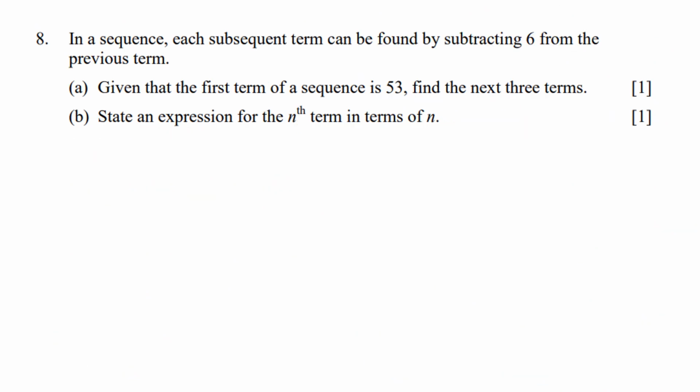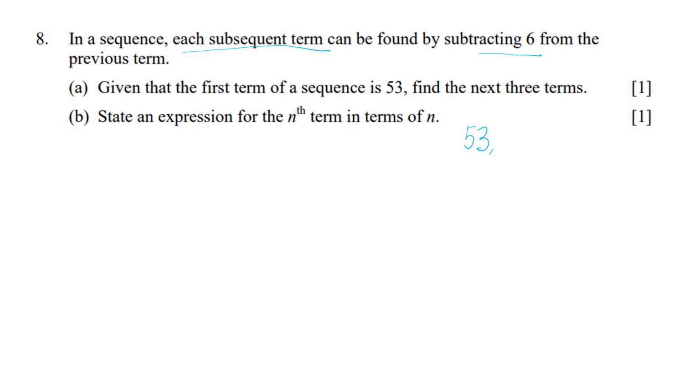All right, let's look at the next questions. So the next questions, we are told that in a sequence, each subsequent term can be found by subtracting 6 from the previous term. Right, so in part A, you are given the first term to be 53. So we have 53 to subtract 6.